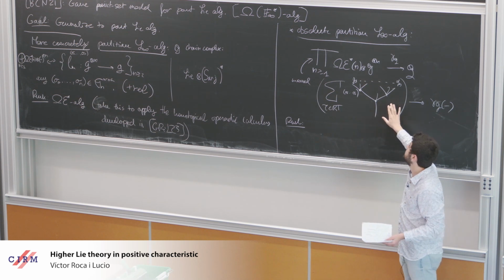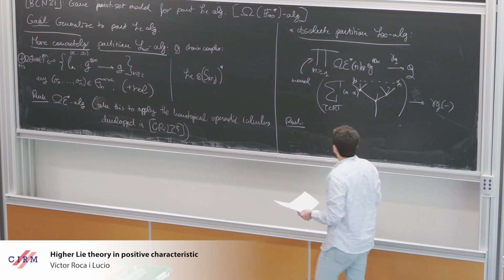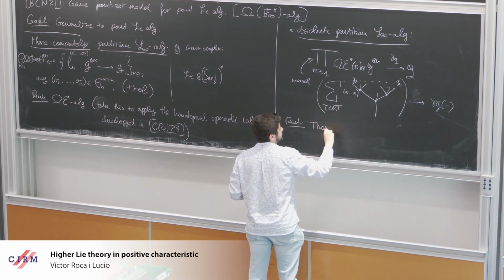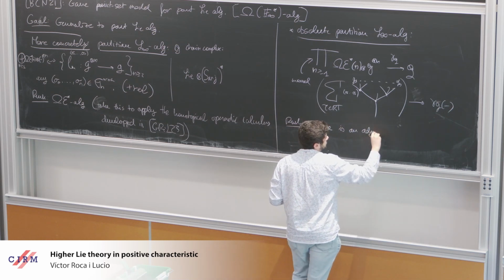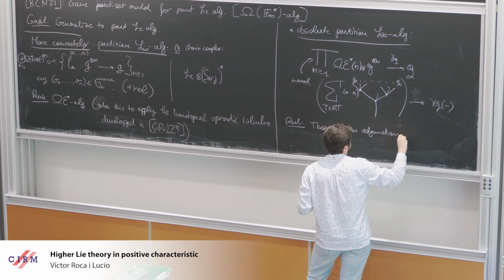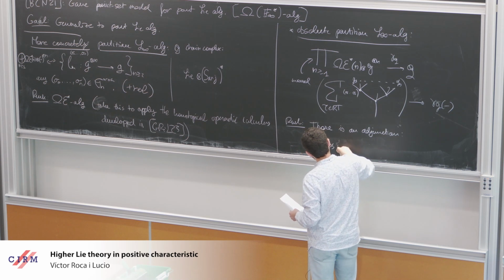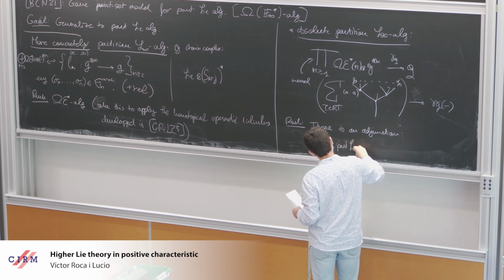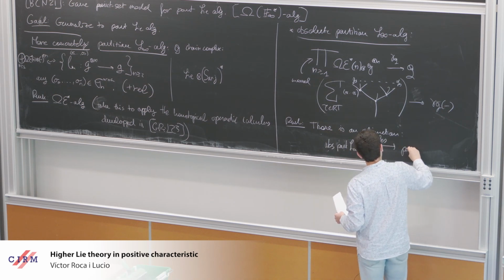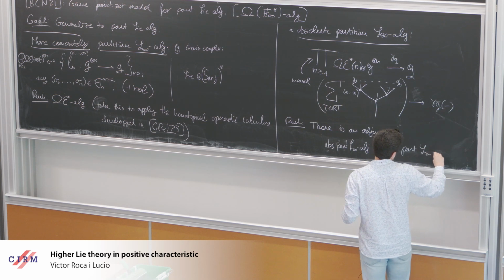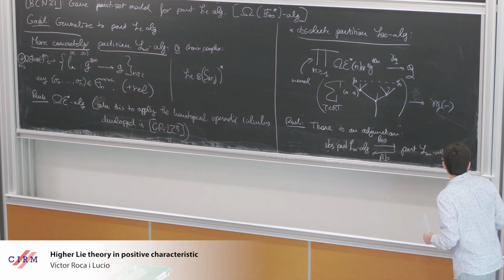So I'll always be able to construct from one of these guys a partition L infinity algebra, and this functor actually gives an adjunction. So you can always restrict such an absolute structure to a non-absolute thing, and then you get a left adjoint.